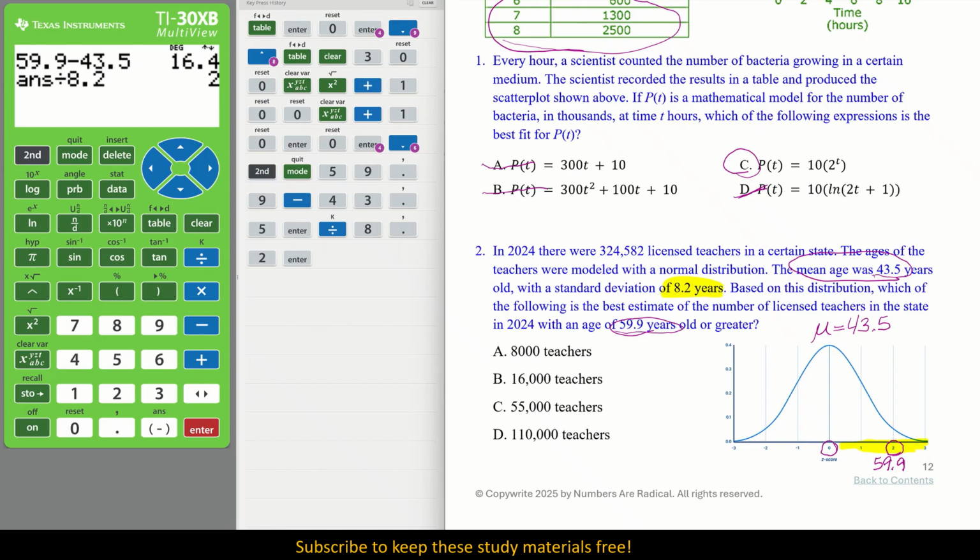Now let's apply the empirical rule. That empirical rule says within 1 standard deviation, we have 68.3. Within 2 standard deviations, we have 95.5%. Remember, those are percents. So what does this tell me?